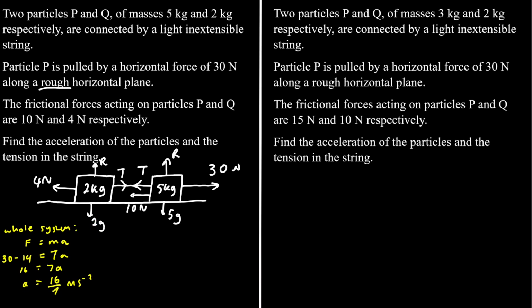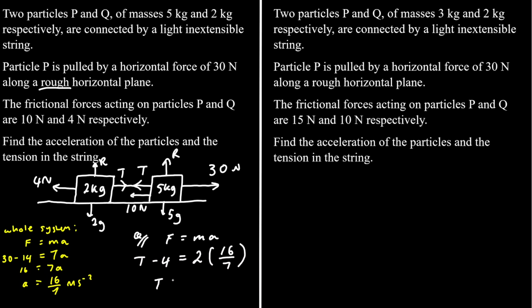So now we know the acceleration. We need to find the tension in the string. So if we just look at Q, just look at the forces on Q, F equals ma again. The force forwards is T. Force backwards is 4, and that's equal to mass, which is 2, times the acceleration, which we now know is 16 over 7.